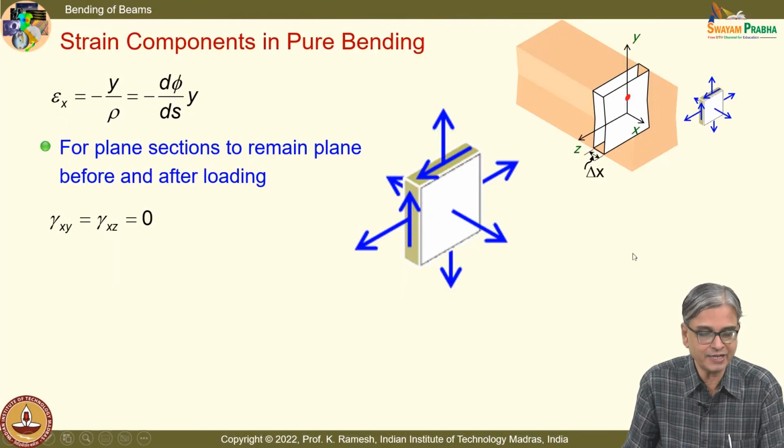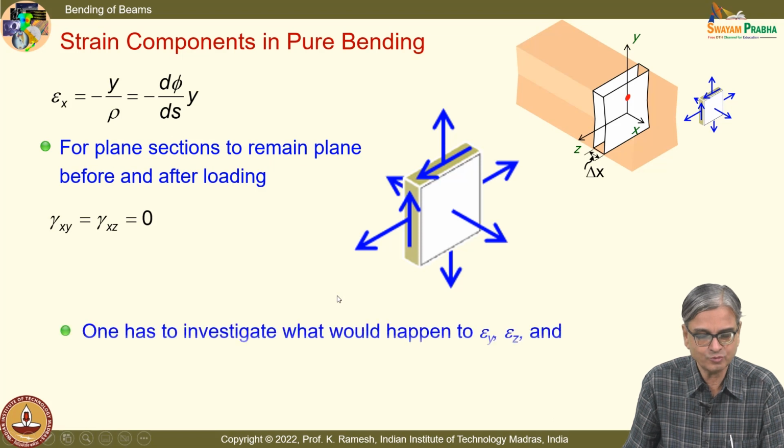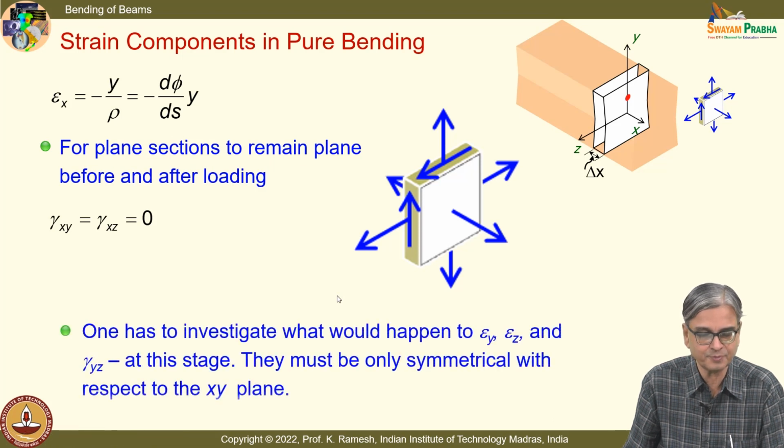So I have these quantities, and we are dealing with isotropic materials where normal stress produces normal strain, and shear stresses produce shear strain. So I will have to have tau xy and tau xz go to 0.